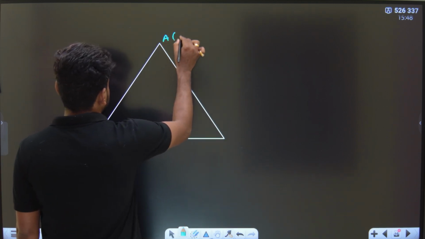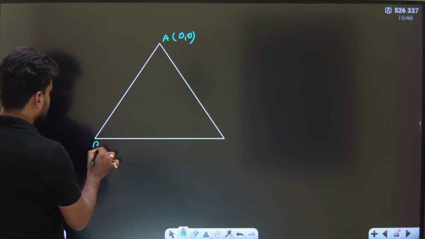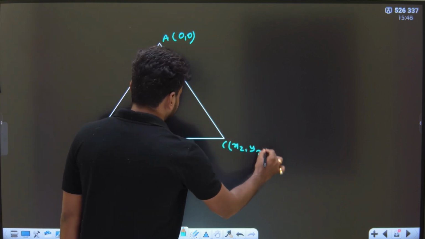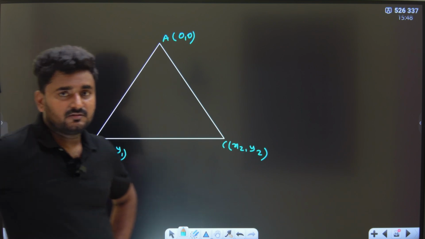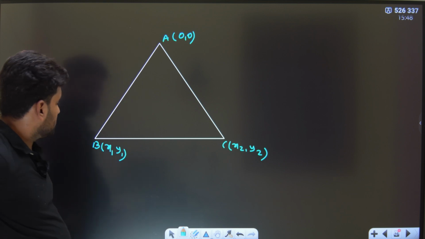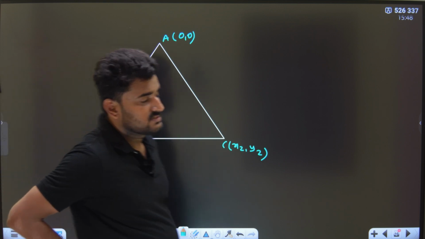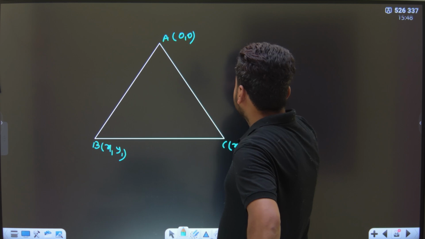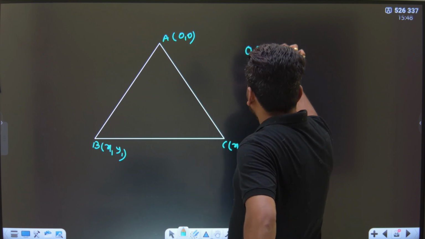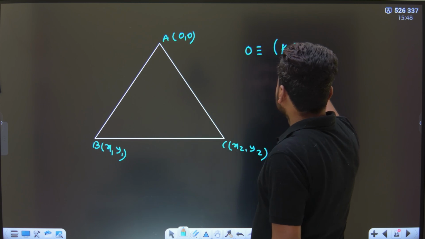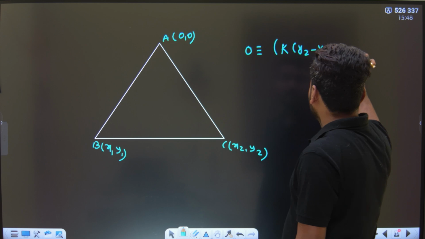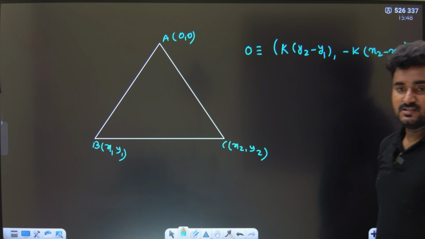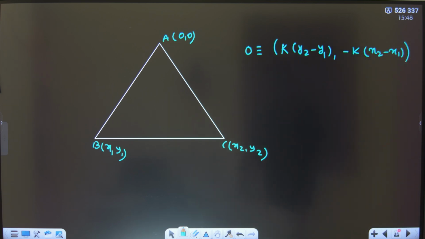In this case, the coordinates of the orthocenter will be (k(y2 minus y1), minus k(x2 minus x1)). This is our orthocenter. Understand?